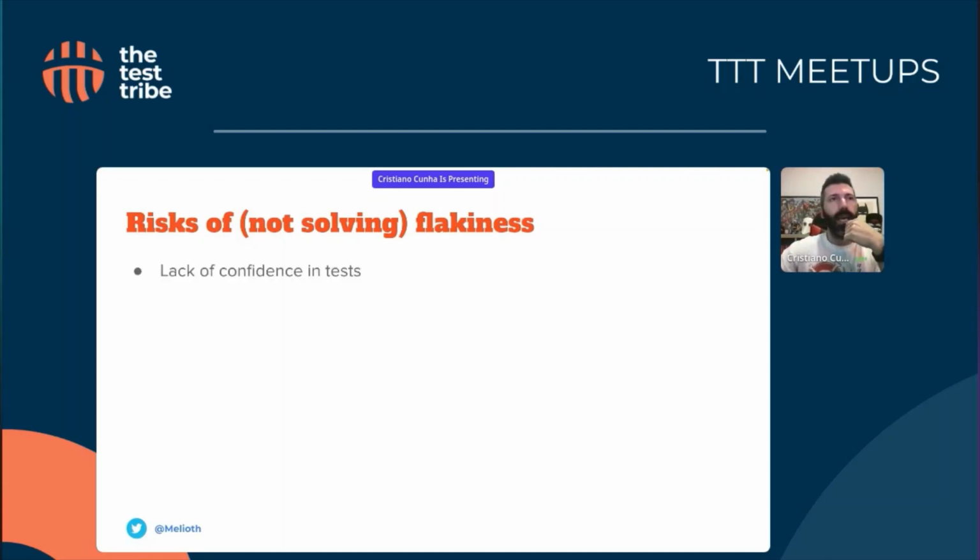Because when you start having a test that fails for no reason at a given time and passes for no reason also, the whole team and the company start to lose confidence in the tests that are put in your pipeline or in your process. And when you lose confidence in tests, it's really, really hard to get it back. Like everything in life, right? When you lose confidence, it's really, really hard to get it back. And this is the hardest thing when you have these flaky tests.